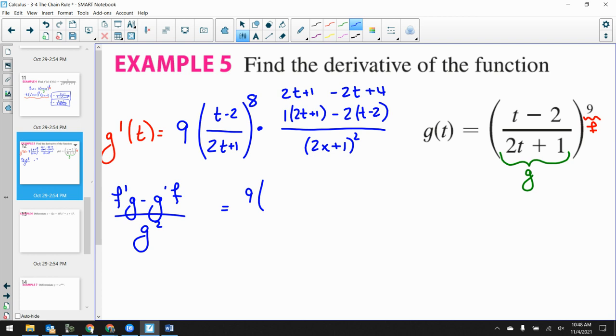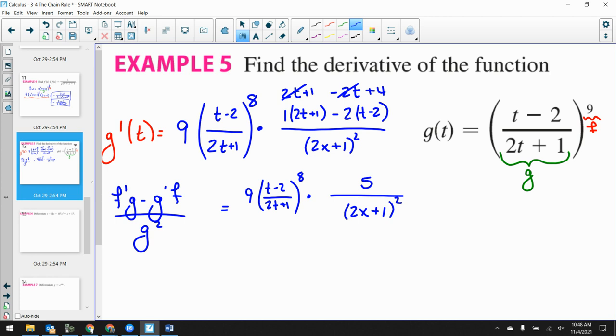So this is 9t minus 2 over 2t plus 1 to the 8th times, so that's going to cancel and that whole thing just becomes 5. Cool. That's fun. Over 2t plus 1 squared.